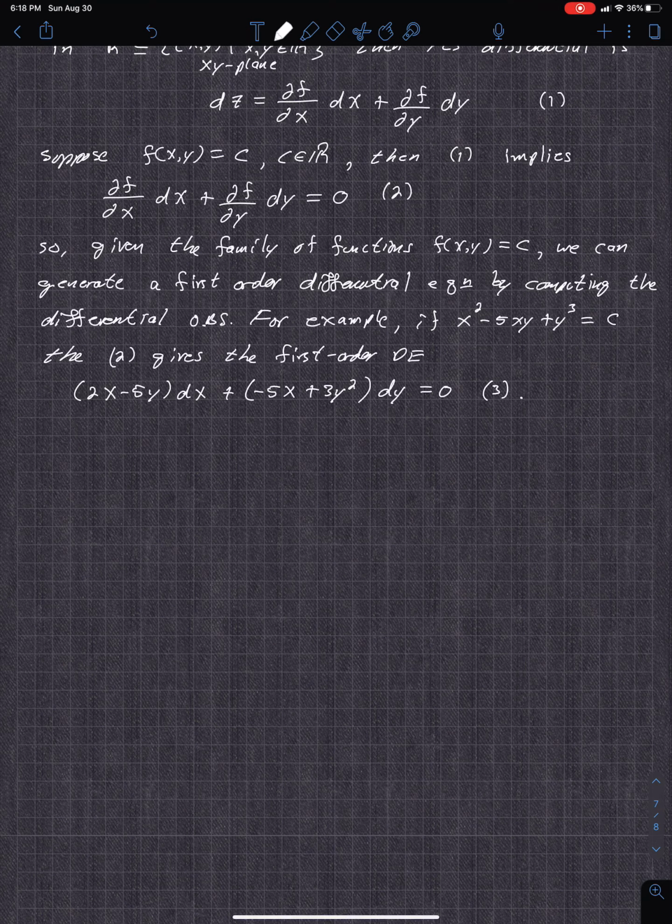So the form looks like this. It's something we've seen before, kind of. M of x, y dx, and we're going to call that M, and then the second one N of x, y dy equal to 0.